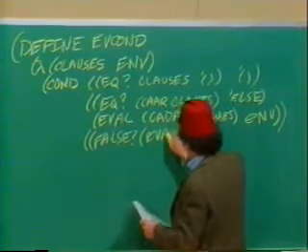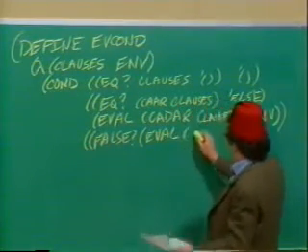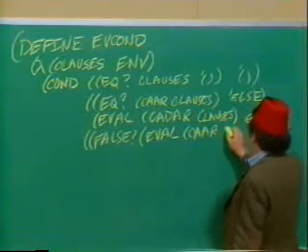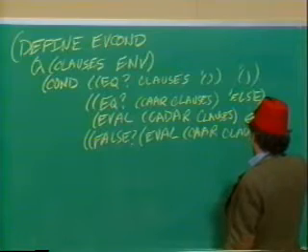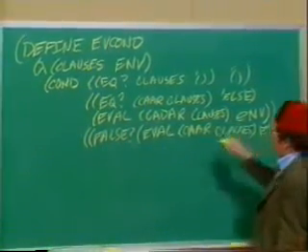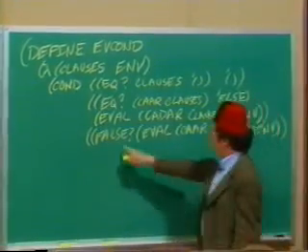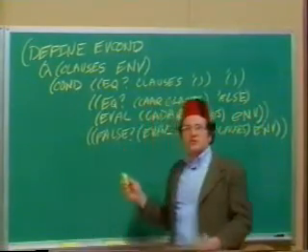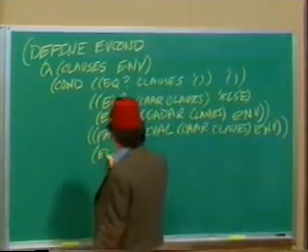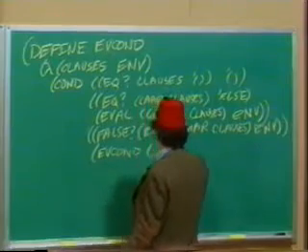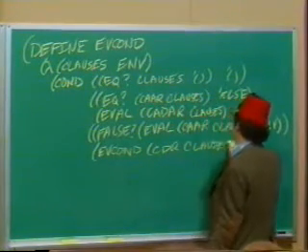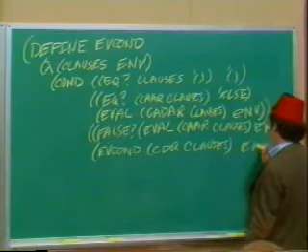If the result of evaluating the first clause, first predicate, of the clauses with respect to the environment, if that evaluation yields false, then it means I want to look at the next clause. So I want to discard the first one. So we just go around the loop, evcond, the cdr of the clauses, relative to that environment.